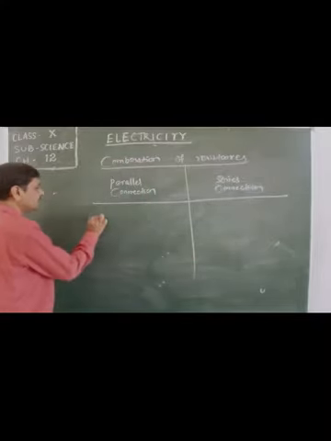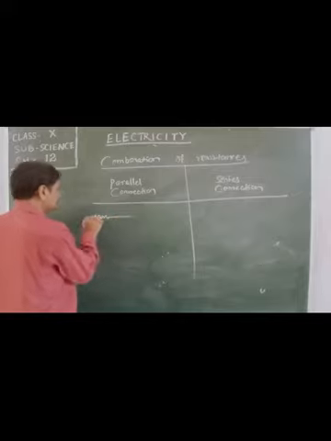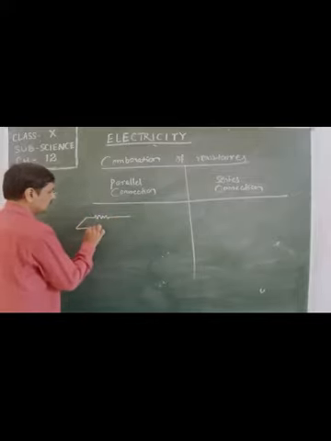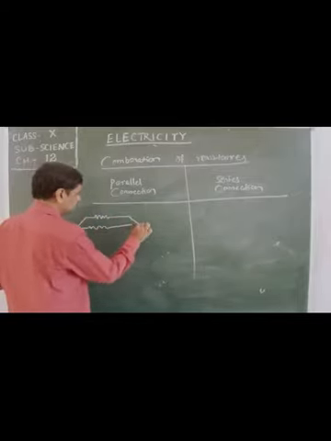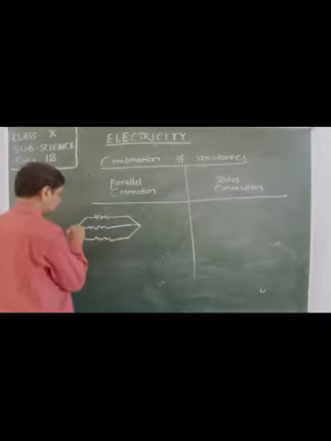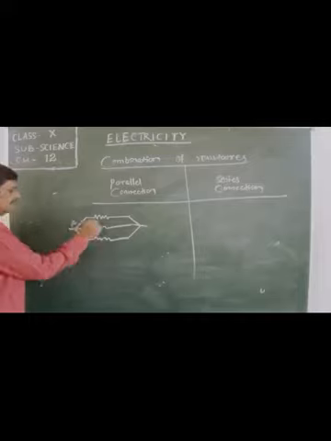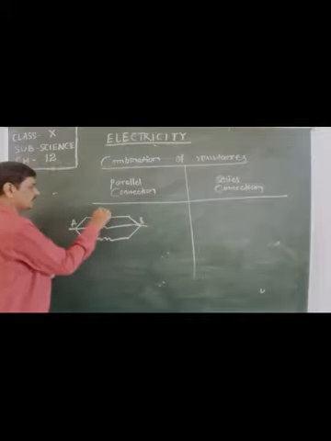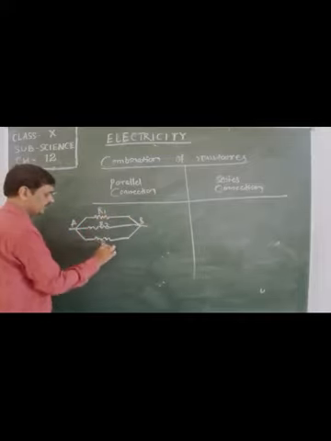Let two points A and B be here, and the resistors are R1, R2 and R3.